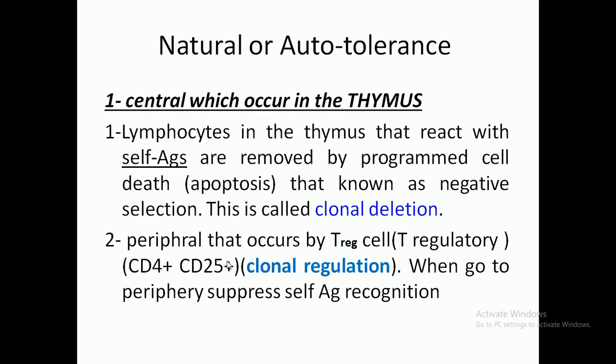The natural type is divided into central, which occurs in the thymus and is achieved by clonal deletion, and peripheral, which is achieved by the T regulatory cells, called clonal regulation.